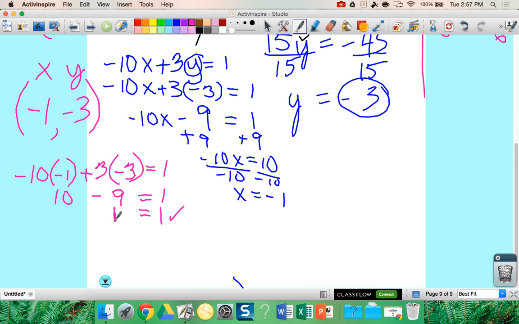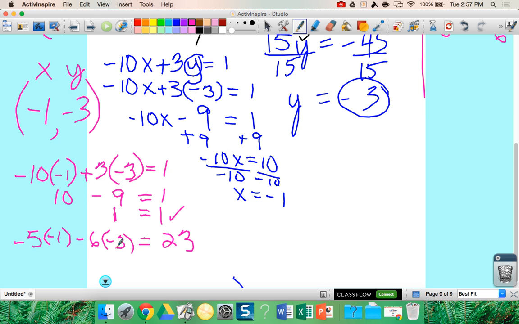All right, that's a true statement, so we know that it checks in that equation. What was the other? Negative 5x minus 6y equals 23. Okay, so negative 5 times negative 1 minus 6y, so I'm going to put negative 3 here.